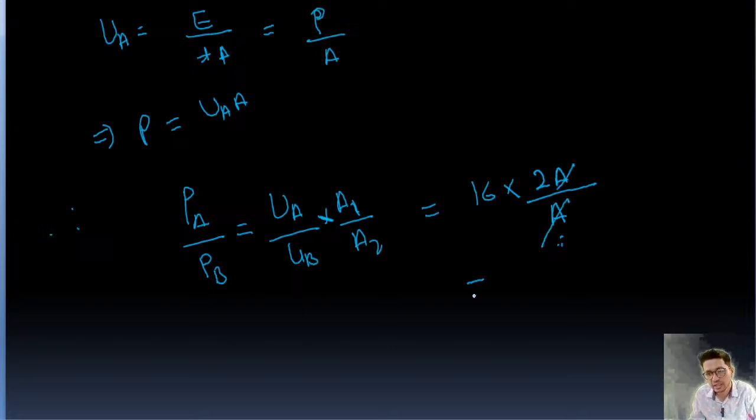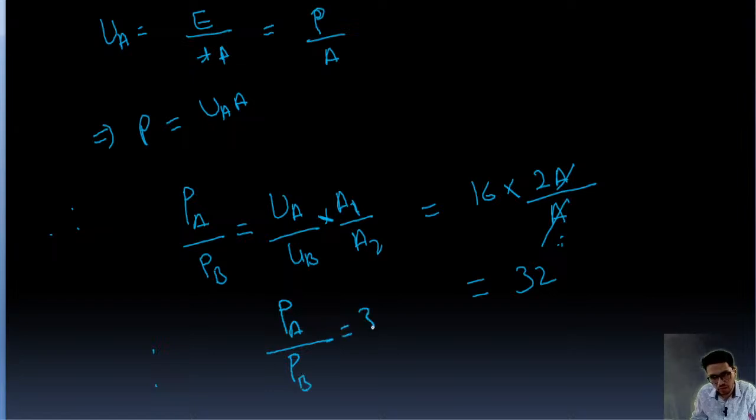A will get cancelled, so this is going to be 32. So PA upon PB equal to 32. This is the answer.